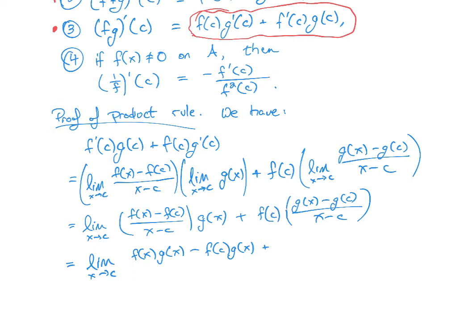Okay. And then I get an f of c g of x minus f of c g of c. And then this is all divided by, both parts have an x minus c in the denominator.